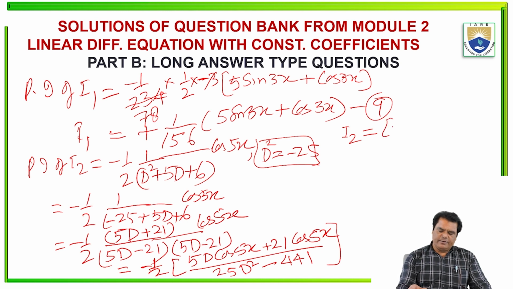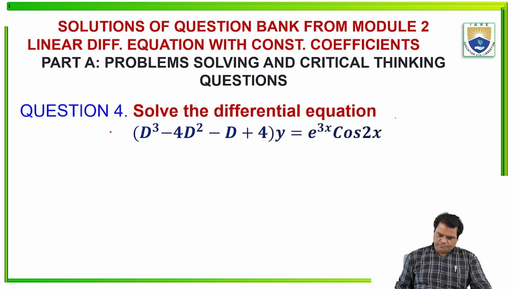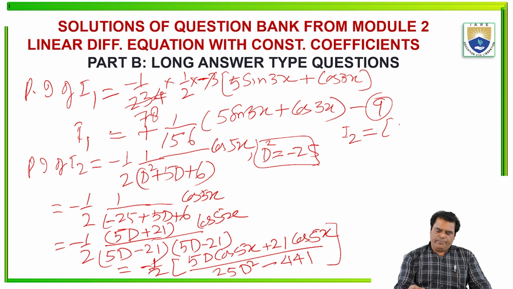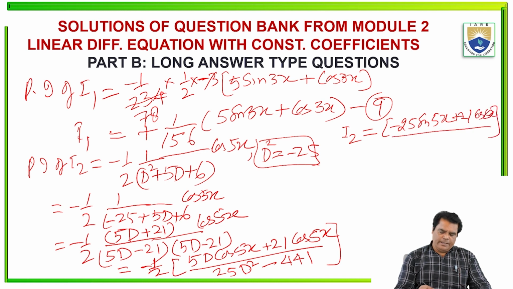So here minus 5 times 5 means 25 sin 5x, and here plus 21 cos 5x, and upon here minus 25 D square means 25 into minus 25 and minus 441.